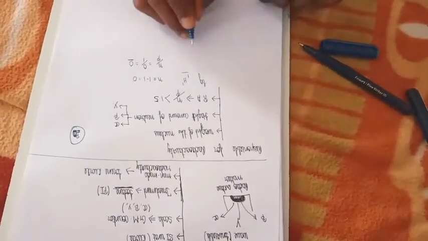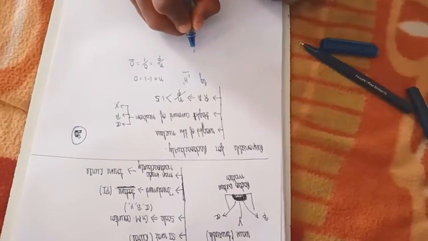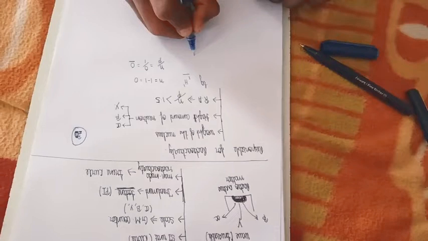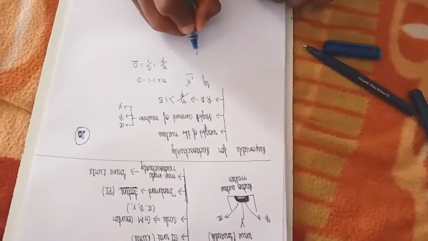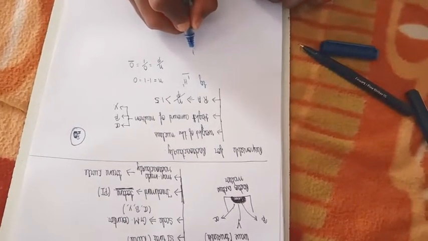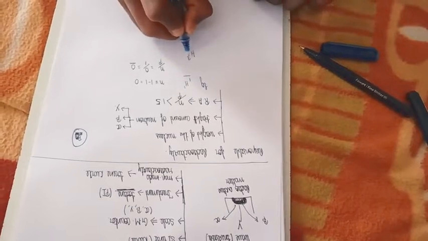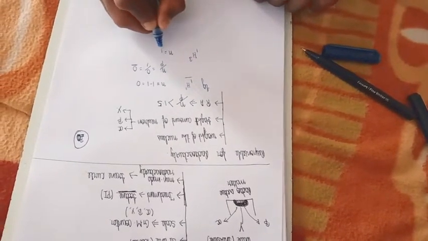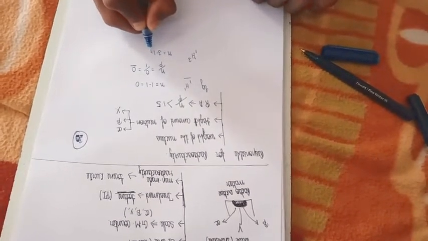Let's take another example. One more isotope of hydrogen, that is tritium, 1H3. Calculate N: 3 minus 1 is equal to 2.